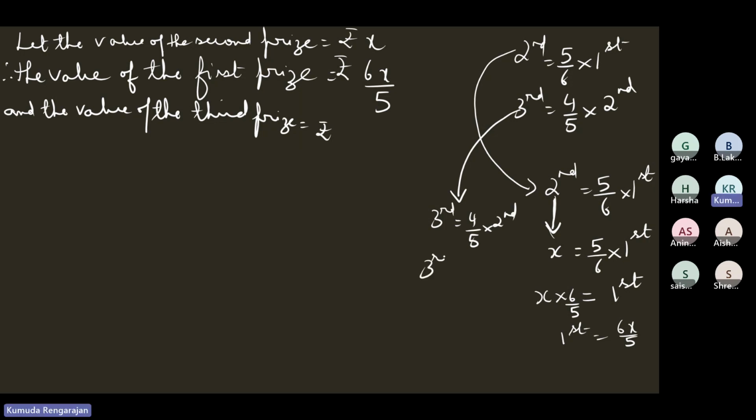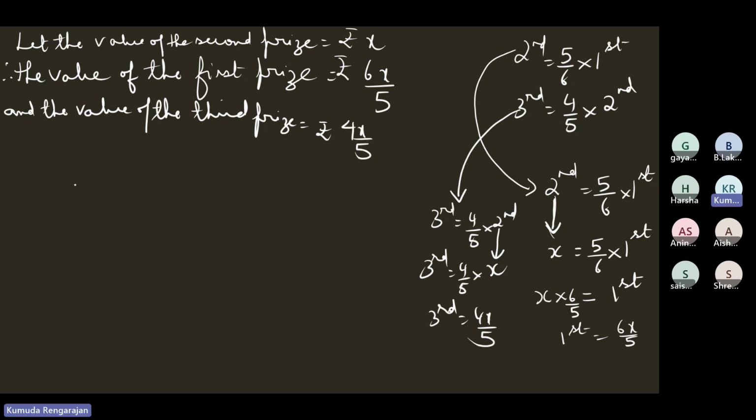What is the value of the second price? X. Wherever it is the second price, there is X. So the third price is equal to 4/5 of X, which is 4x by 5.